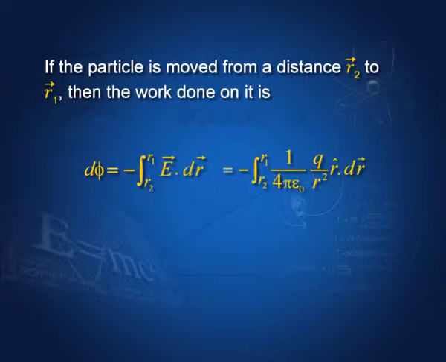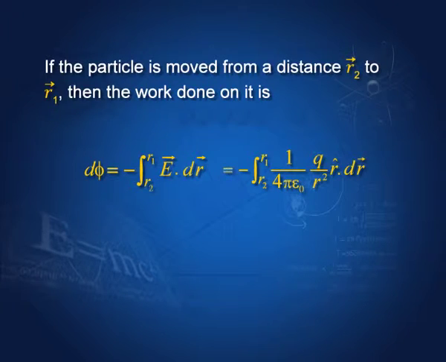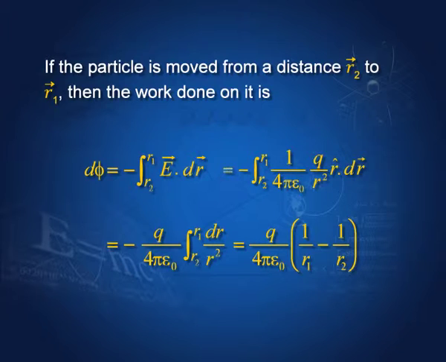If the particle is moved from a distance r 2 to r 1, then the work done on it is d phi equal to minus the integral from r 2 to r 1 of E dot dr. And if you carry out this integral after substituting the value of E, which is 1 by 4 pi epsilon 0 times q by r squared r cap, dot dr, then integrate, we get q by 4 pi epsilon 0 times 1 by r 1 minus 1 by r 2.